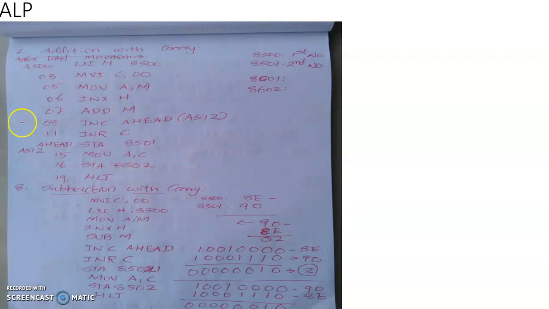Addition with carry. So suppose you have two numbers that are to be added. 8500 is the location where, of course, you can place the number in any desired location from 0000 to FFFF. But always the lower addresses will generally be given to read-only memories, programmable read-only memories or erasable programmable read-only memories.